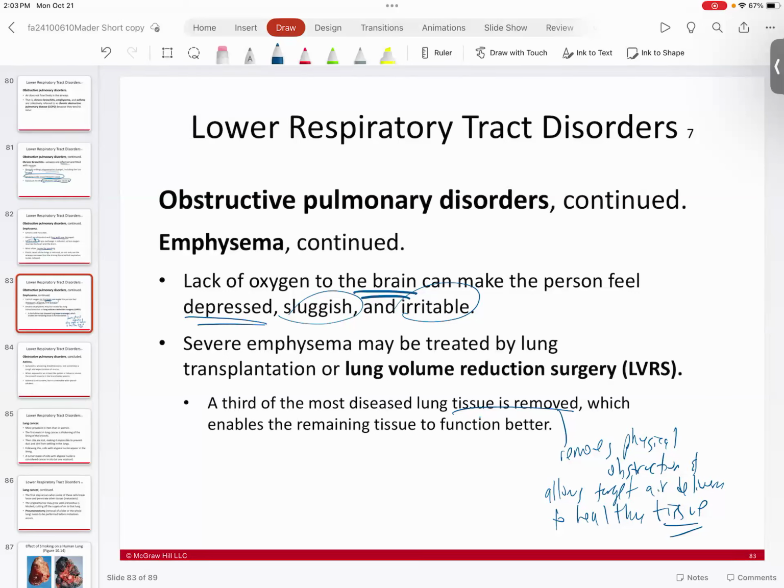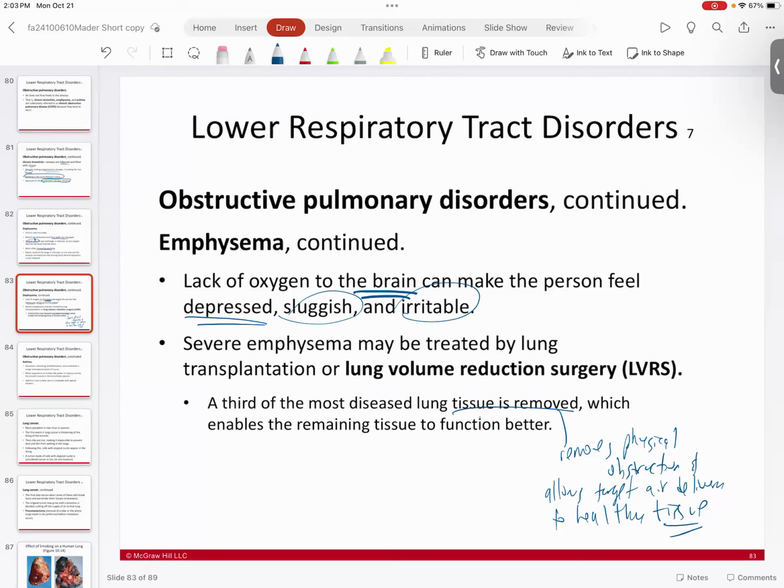The problem with this one is that it's only going to work if you stop smoking. We've all seen the videos of somebody who has the little voice box thing because of their severe emphysema.